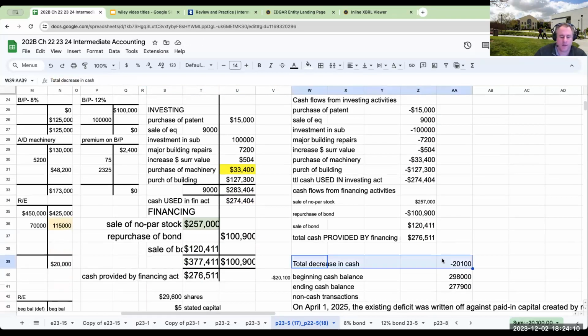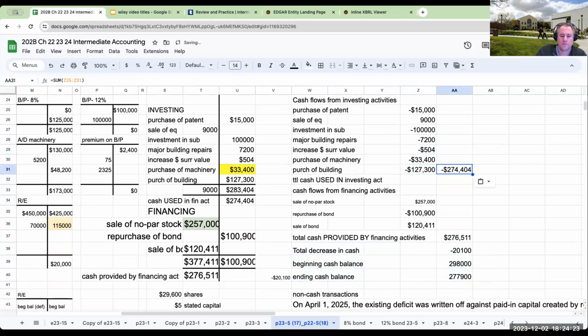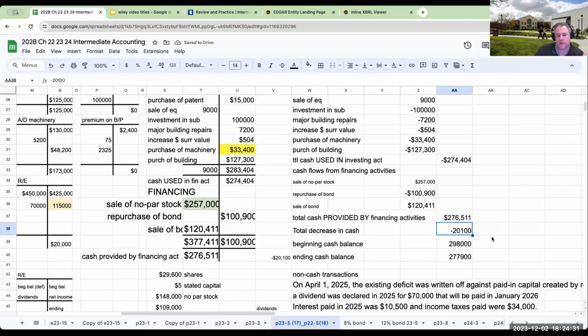If I'm adding up these three different items, I'm going to get to 20,000. I'll get down to 20,100.